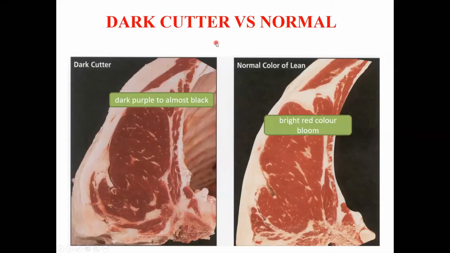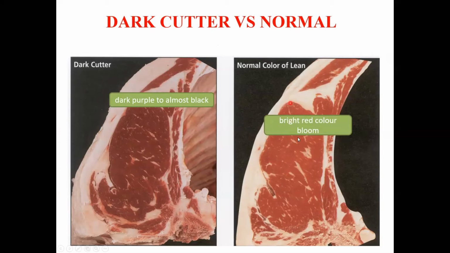Let's see the difference between the dark cutter and the normal. Here you can see the ribeye area. So you know what the ribeye area is? It is the area between the 11th, 12th and 13th ribs. In the case of cattle, that is the longissimus dorsi muscle, the longest muscle.